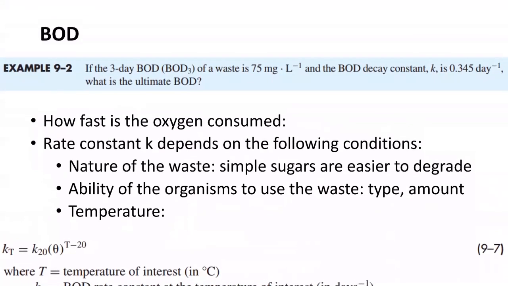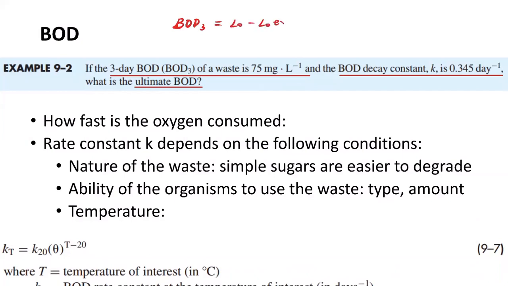So the problem says that if the 3-day BOD of a wastewater is 75 milligram per liter, and we know the BOD decay constant, which is a rate constant, K equal to 0.345, what is the ultimate BOD? It is quite straightforward, right? So we have BOD3 is equal to L0 minus L0 exponential of minus KT, right?